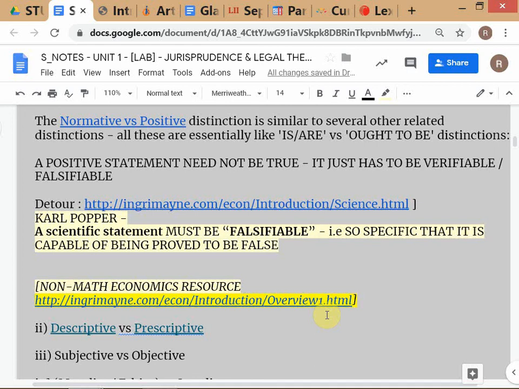So if I say that the moon is made of green cheese, is that a scientific statement? Some people are saying yes. Aman, why is it scientific? Now explain to me. The answer is in front of you. It is falsifiable.